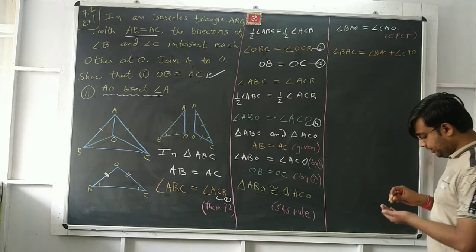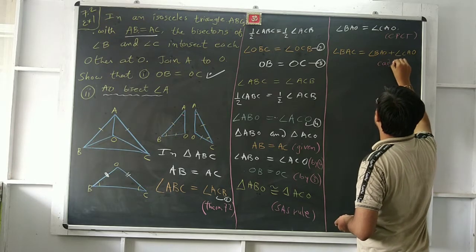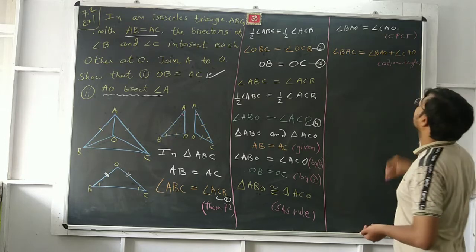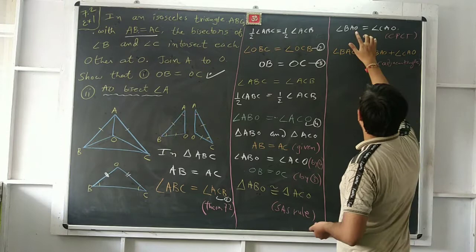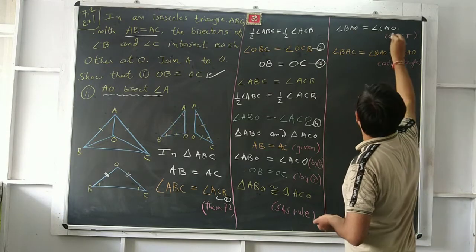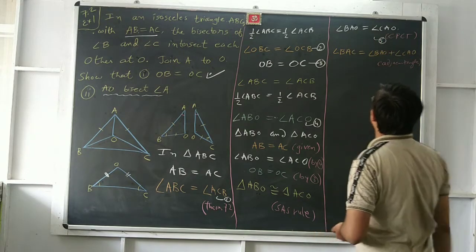Okay? Because it is the adjacent angles. Okay? And we also know that in equation number 5, angle BAO is equal to angle CAO.